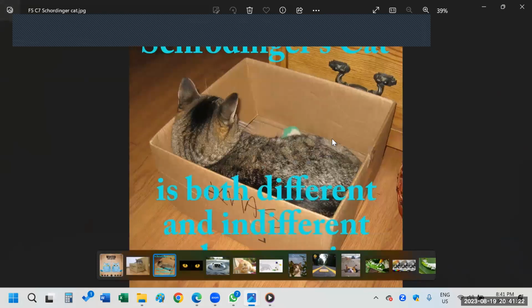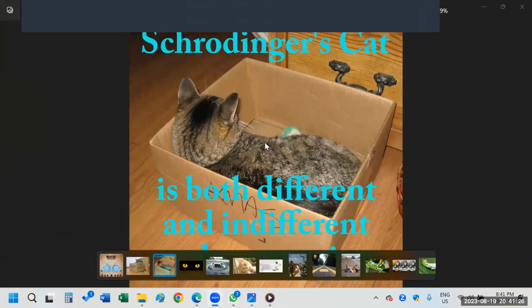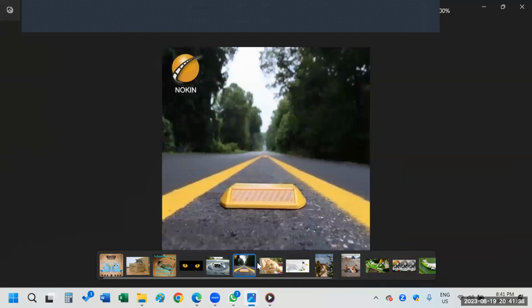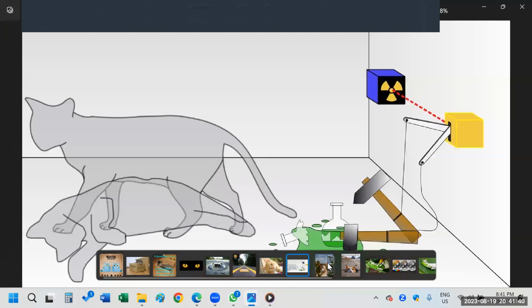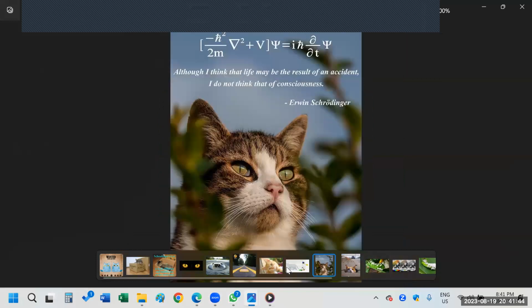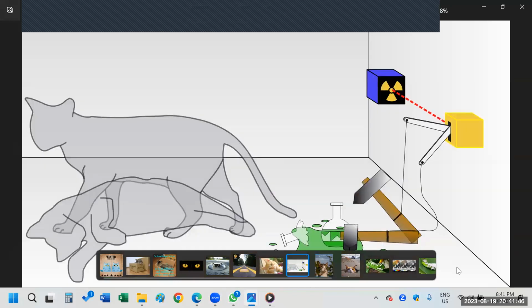Now, Erwin Schrödinger. I like this cat, Schrödinger's cat. It's both different and indifferent. This is cat's eyes for total internal reflection. Okay, so this is just an imaginary experiment.